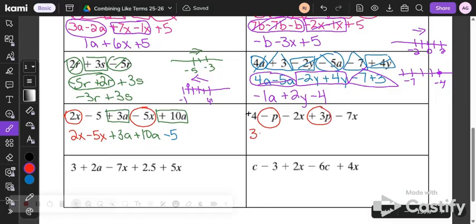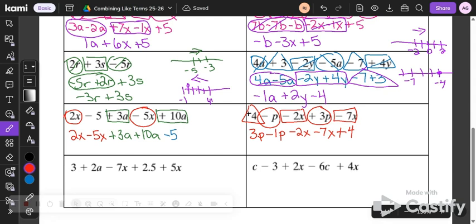I'd rather start with that positive 3P, and I'm going to subtract from it the 1P. Now I'm moving on to my x's. I have negative 2x minus 7x. Doesn't really matter which order I write them in. And then finally, that plus 4 that I didn't use at the beginning, that positive 4 that started it out, goes at the beginning.